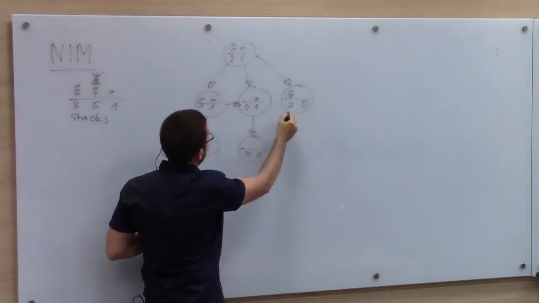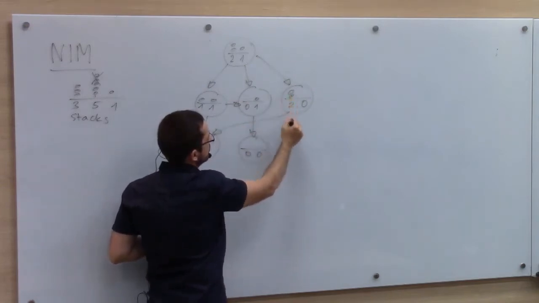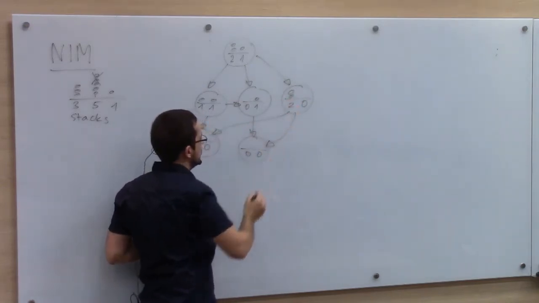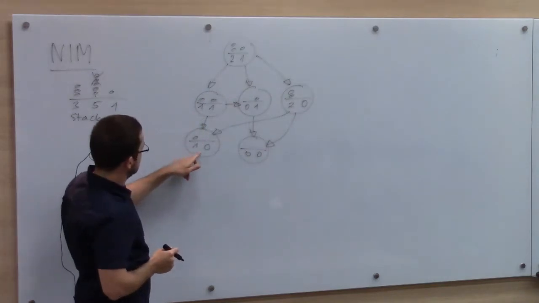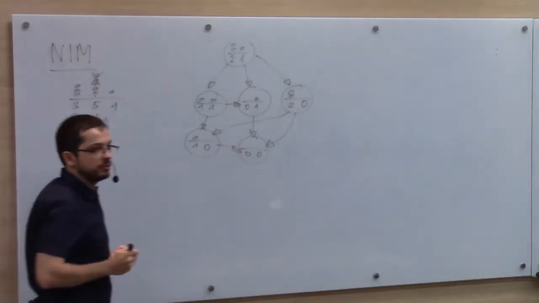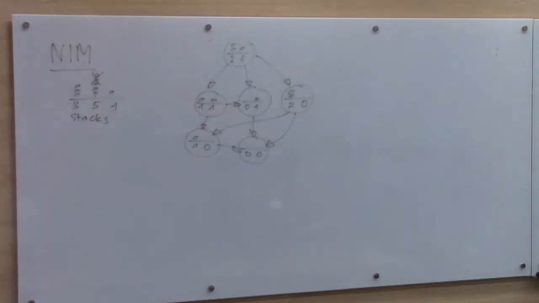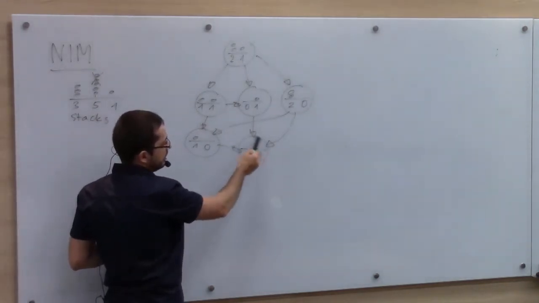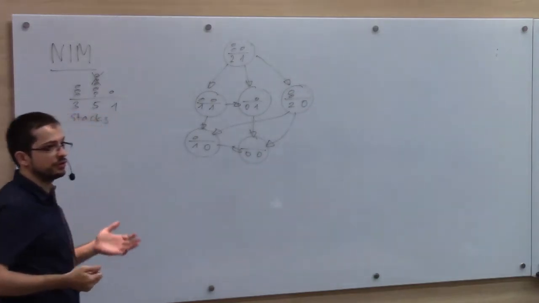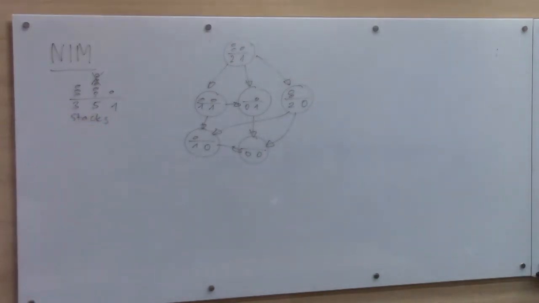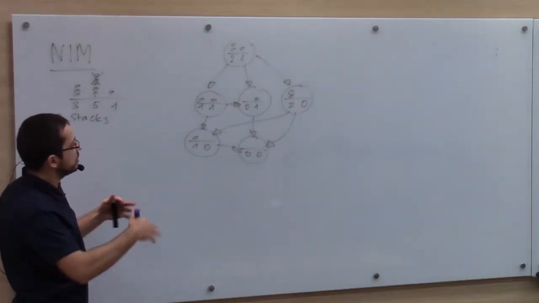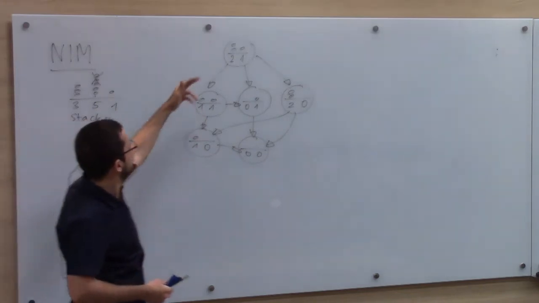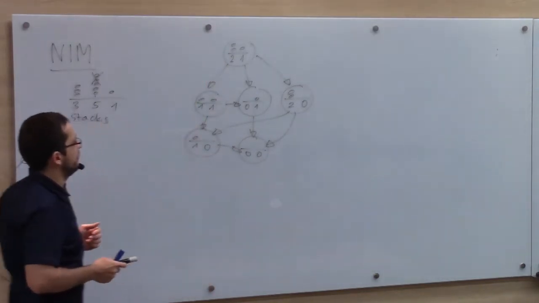Either we remove one element and we go here, or we remove both of the tokens and we end up here. And for this one, we have only one possible move, which ends up here. And this is the ending position in the game. This is the losing position because we don't have any possible move starting from here. Okay, and this graph represents all the possible states we can achieve starting from this initial state in the game.